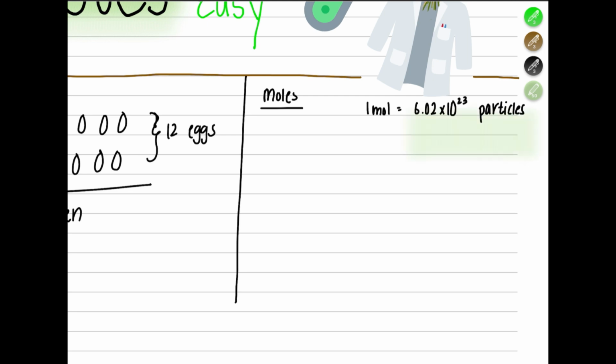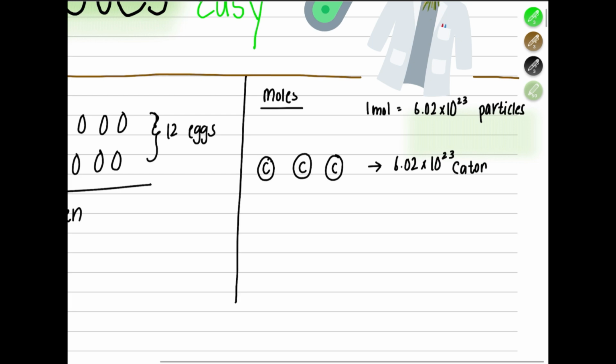So for example, carbon. If we have carbon atoms, how many carbon atoms? As many as 6.02 times 10 power 23. When we have 6.02 times 10 power 23 carbon atoms, we can say we have 1 mole of carbon.